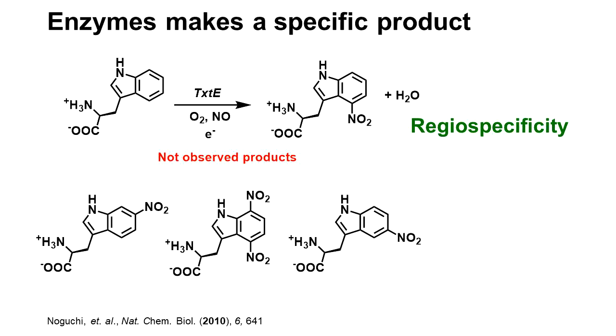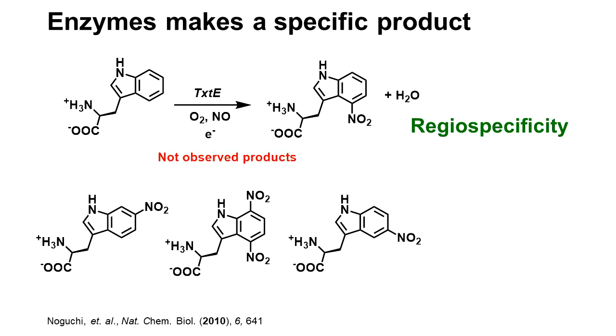Another example of what enzymes can do is that they can make a specific product. Let's stick with this TXT enzyme. This nitro group could end up in a lot of different positions. It could end up in this position or in other positions on the ring. But it specifically, and this is a case of regiospecificity, adds the nitro group to this position on the tryptophan.